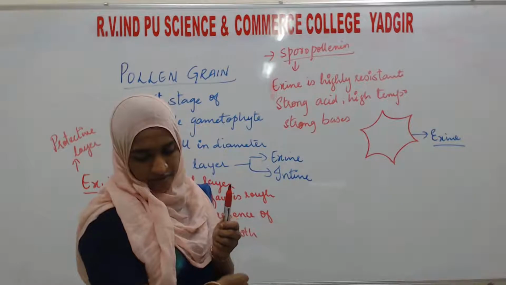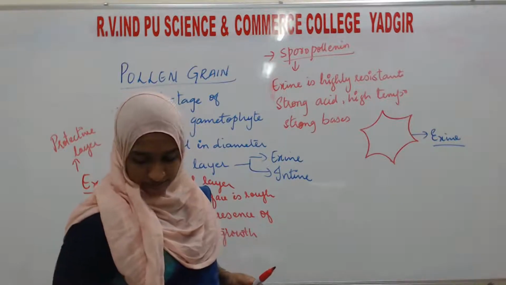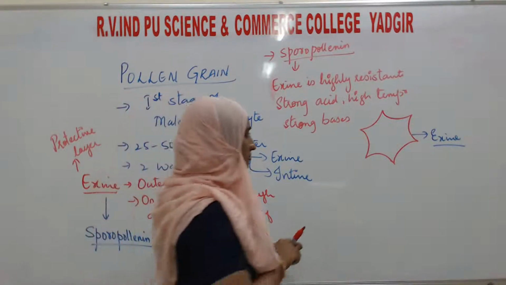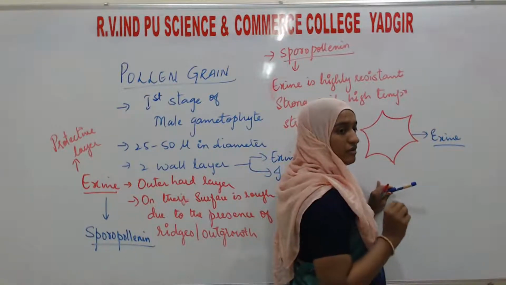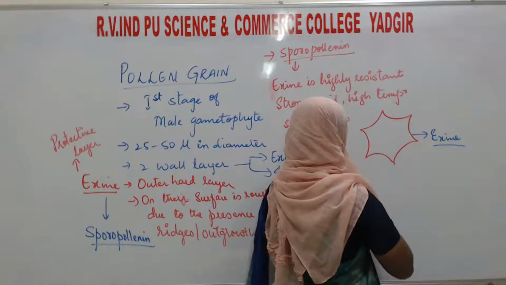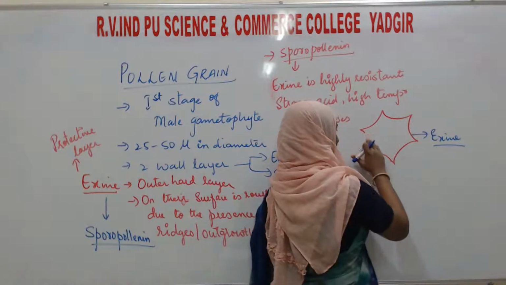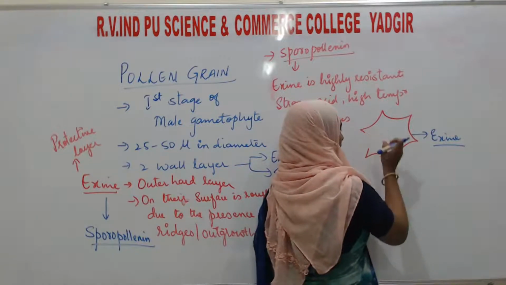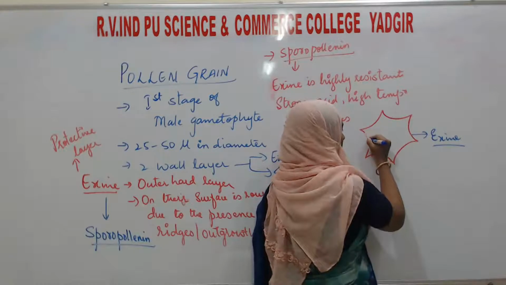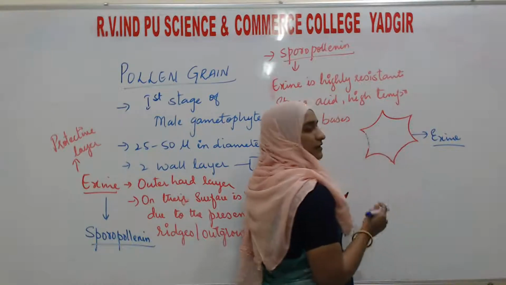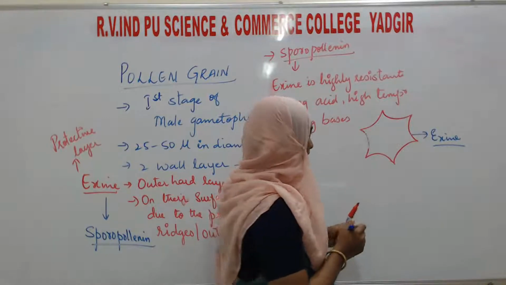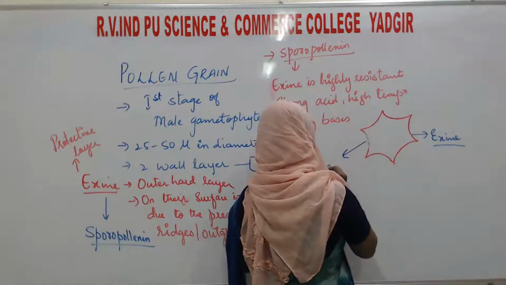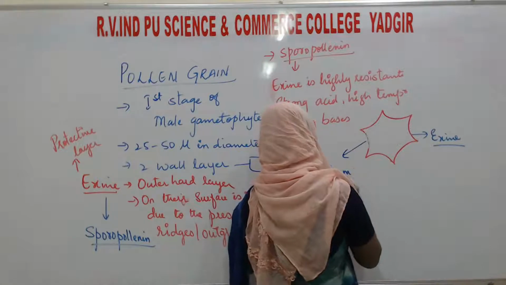So here at some region of the exine, there will be an absence of sporopollenin, and it is going to form a very thin, pore-like structure that is known as the germ pore.